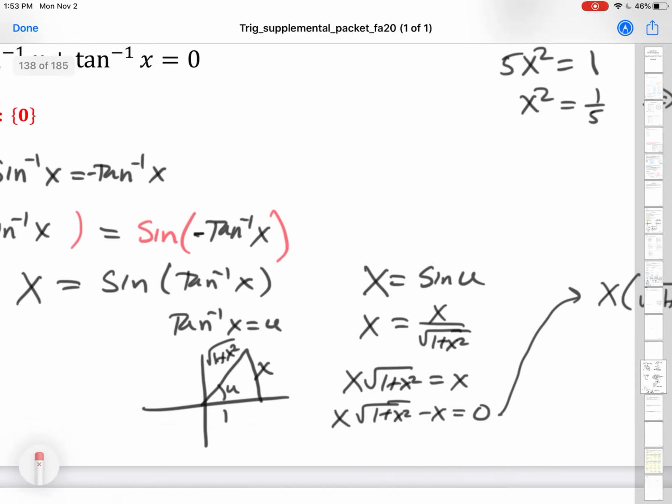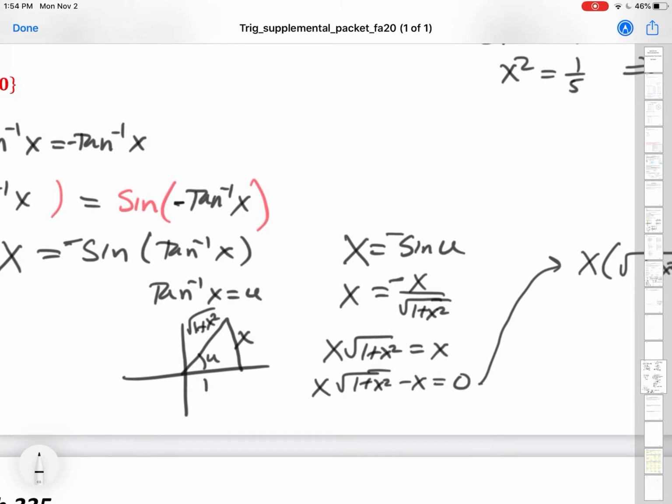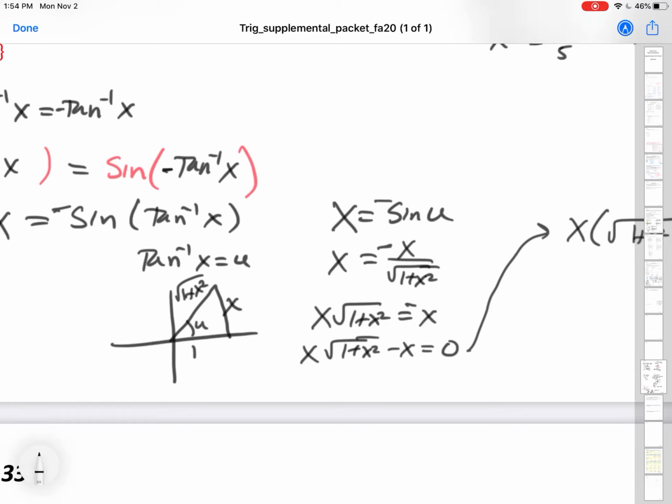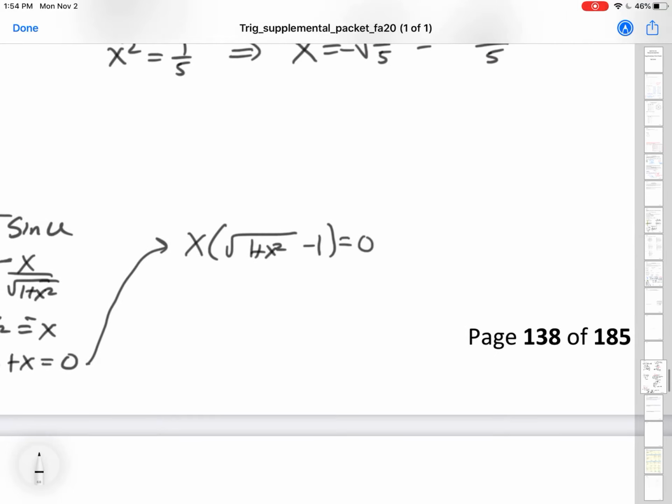So do remember that there's only one adjustment that needs to take place. Sine's an odd function, so we're going to bring that negative outside here, which means that there's going to be a negative here, which means there's going to be a negative here. And so when I bring that x over, it's going to be a positive, and this is going to be a plus 1. We would have been fine either way.